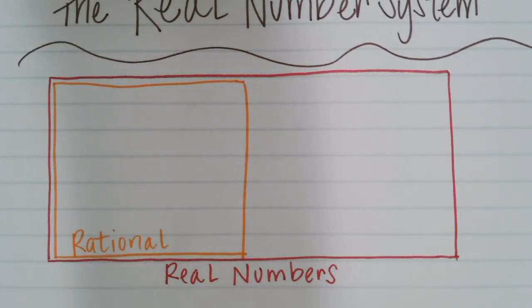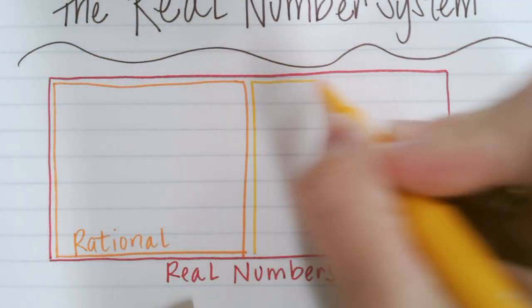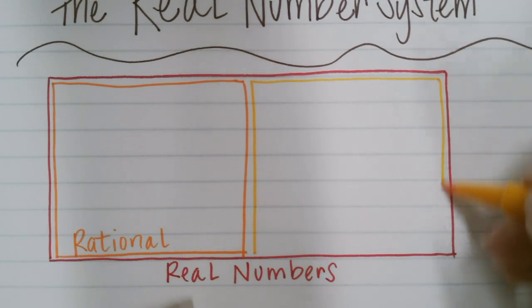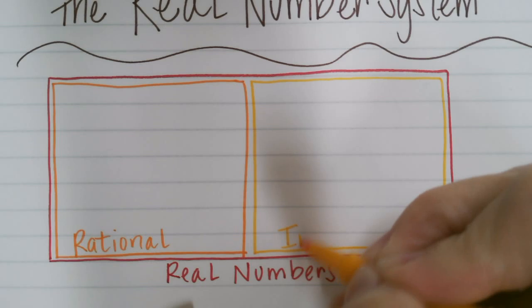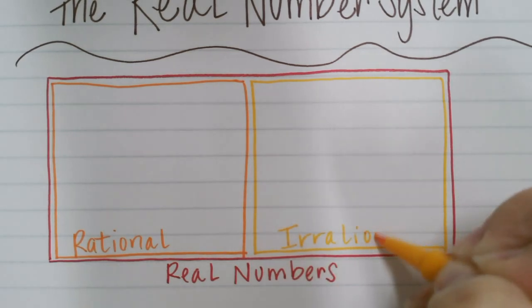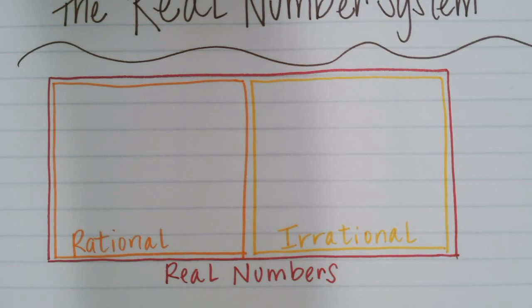And then the other half are irrational numbers. All right, so every number is either rational or irrational, okay? So technically speaking, there shouldn't be any extra space in here, but just to make sure that you can see which one is which.